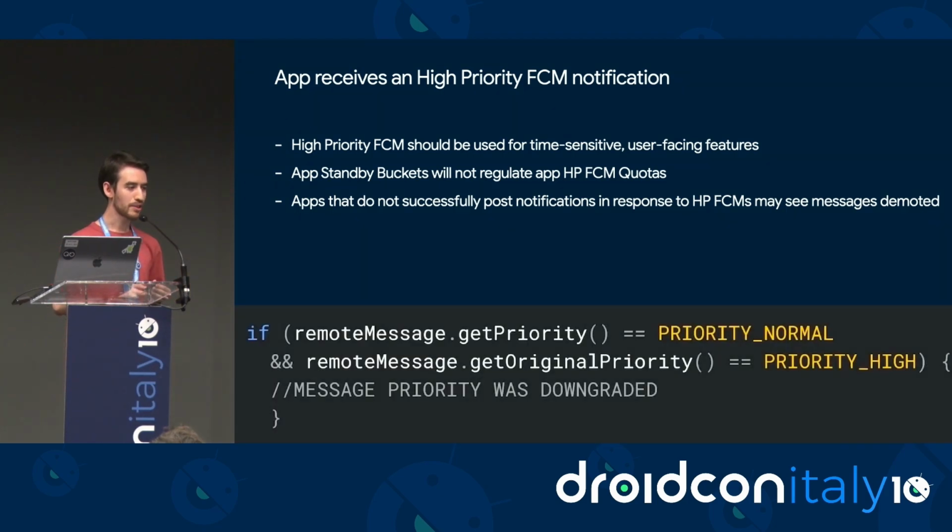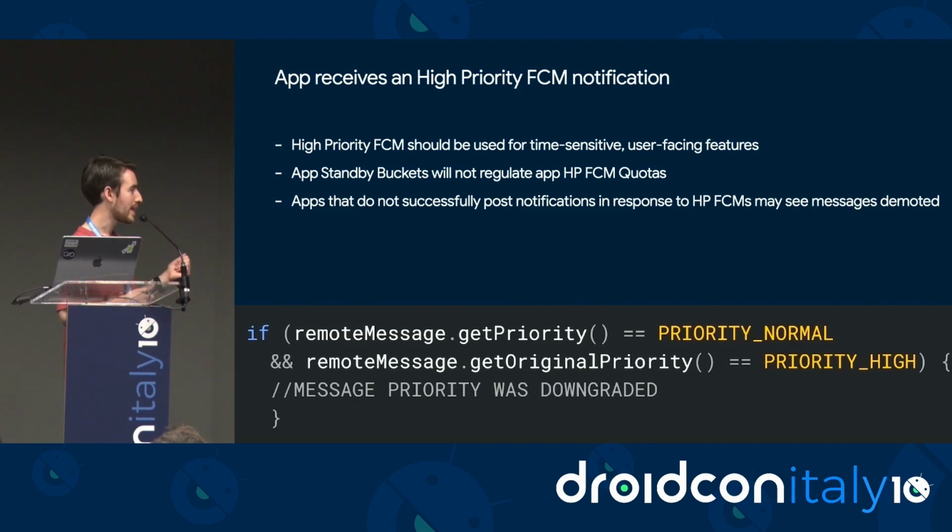But of course, this should be used only for important things. And if the Android operating system knows that you are abusing this API, so you're not showing anything to your user, and you're just exploiting it to start working in background, it will downgrade the priority of the FCM notification.